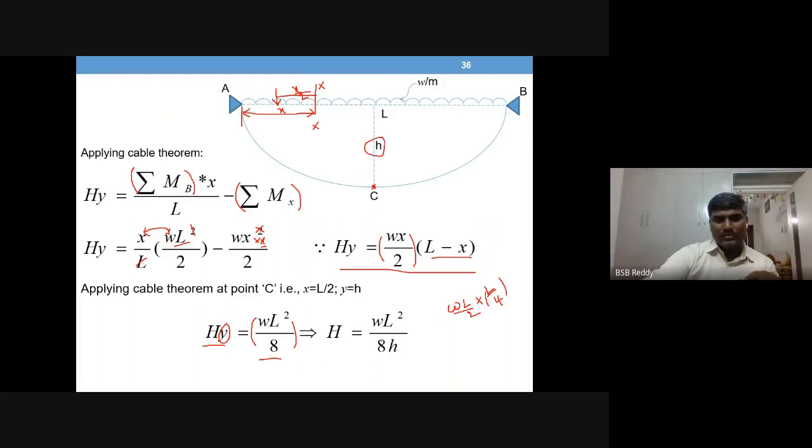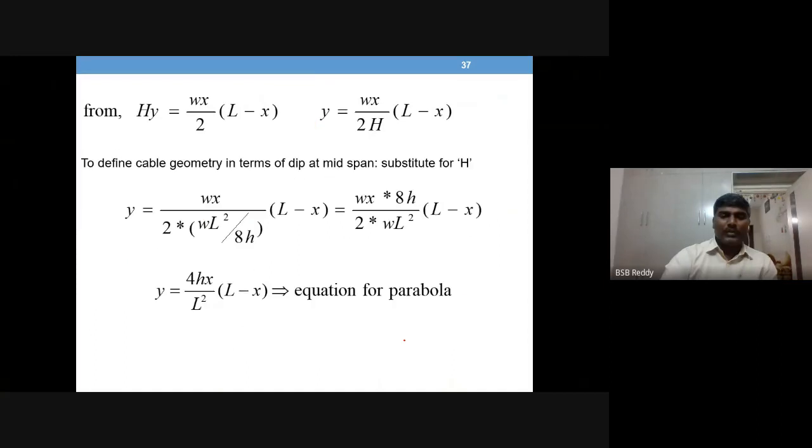H. So substitute Y is equal to H. So horizontal component of cable tension at C is equal to WL square by 8H. Okay. That means the horizontal component of tensile force at this point H. Value WL square by 8H. Right.